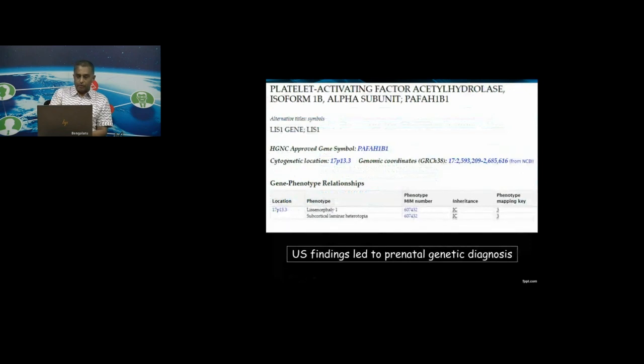Now, you go to OMIM and you punch in the PAFAH gene, and you have the alternate names popping up, and one of them is the LIS1 gene or the lissencephaly 1 gene. So we know that the PAFAH gene, platelet activating factor acetylhydrolase isoform 1B, all goes over our heads. We only have to remember PAFAH, and we know that this is also called the LIS1 gene.